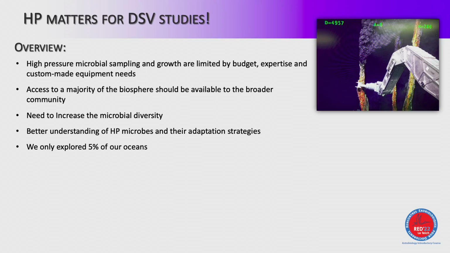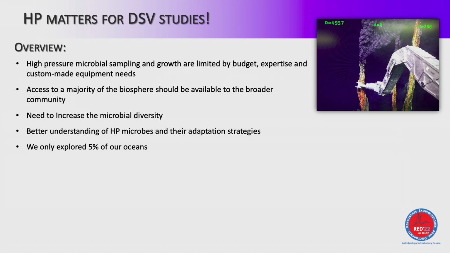So here the idea is to make this equipment available to the whole community, a broader range, and it could allow all the scientists interested in the biosphere to access the majority of the biosphere. We really need to increase the microbial diversity, because we don't know a lot about them, and it's also because of the high pressure equipment.